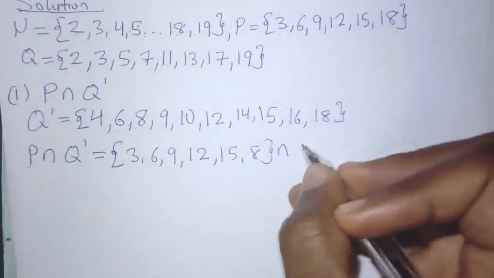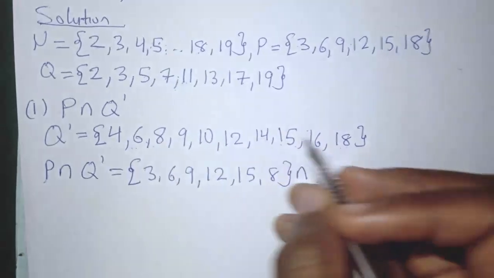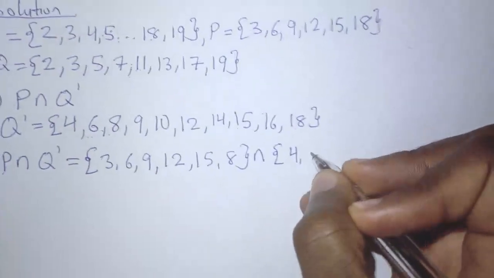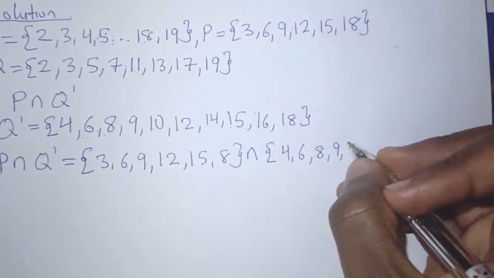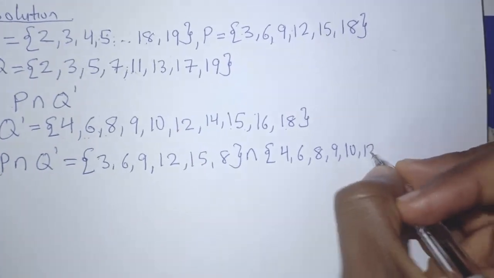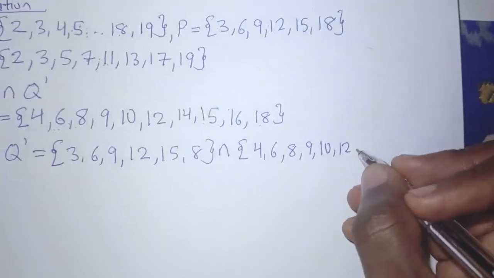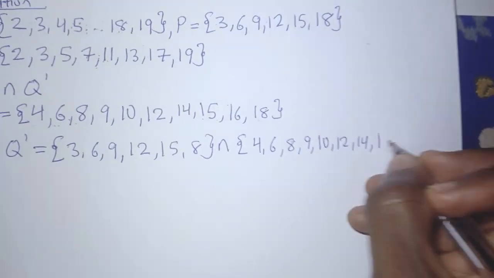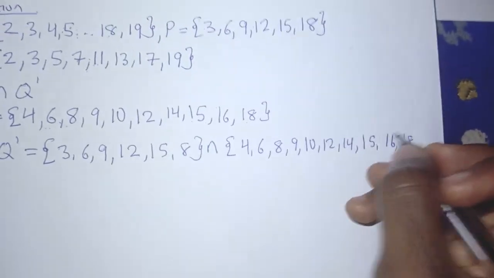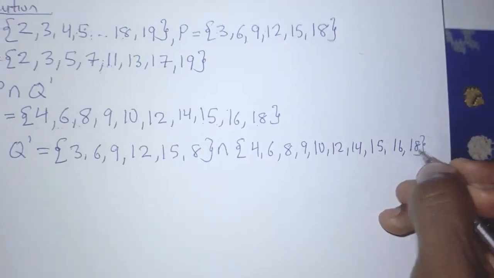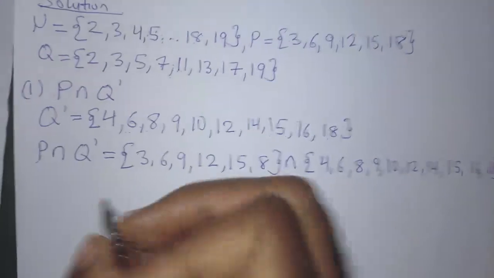Then for Q prime, we have 4, 6, 8, 9, 10, 12, 14. I hope I don't make a mistake. You have to be very careful here so that you don't skip any elements, especially when you are writing the exam and you have that tension. But it's something very straightforward anyway.